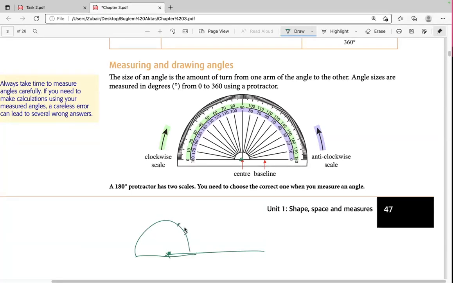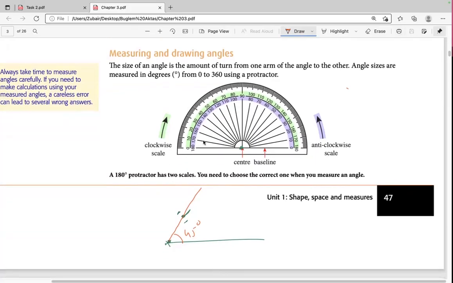That's 40, that's 50. In between them, I'll just mark one point, remove the protractor, and then draw this line. And that would be 45 degrees.